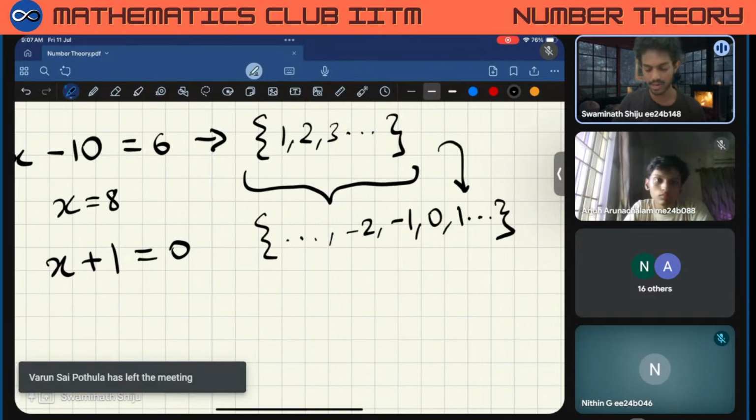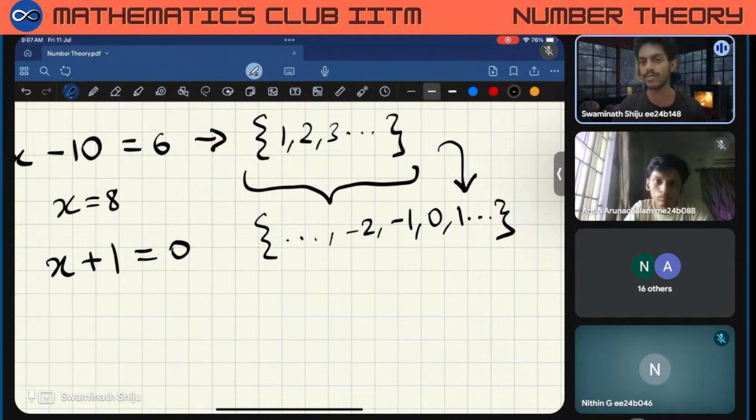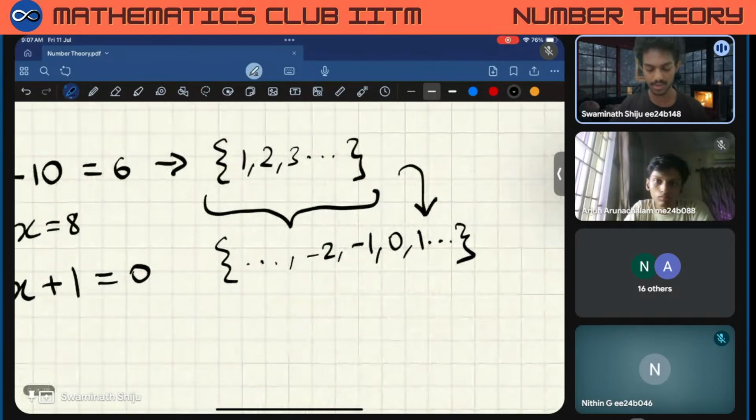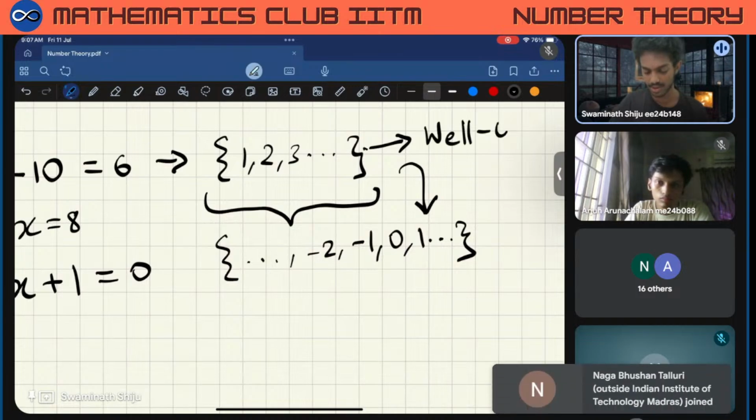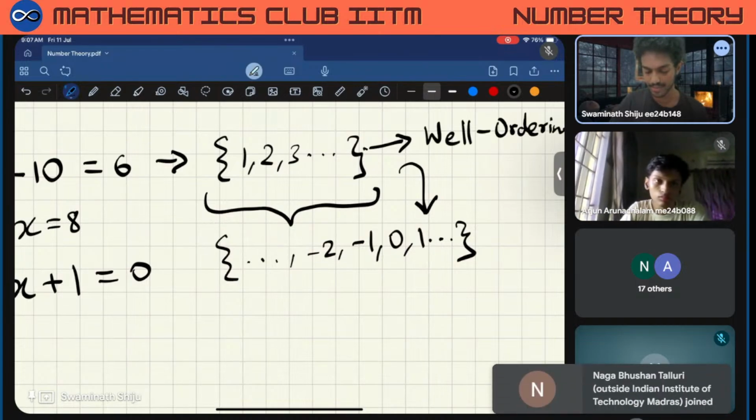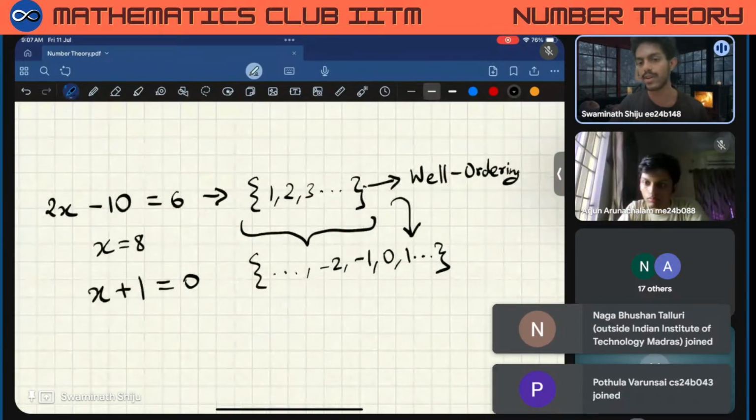Here we got more numbers and we were able to solve more equations. But what did we lose? We lost some structure in natural numbers. I will mention a word now; we'll explain this later. It's called well ordering.